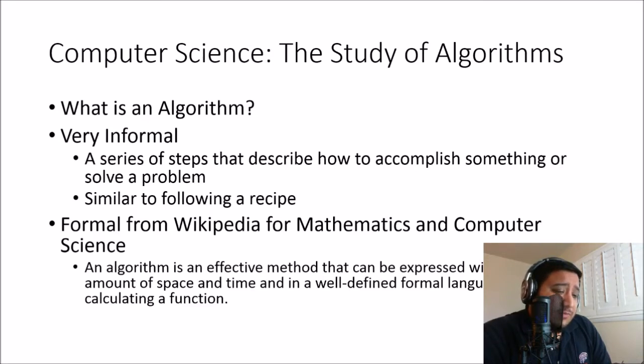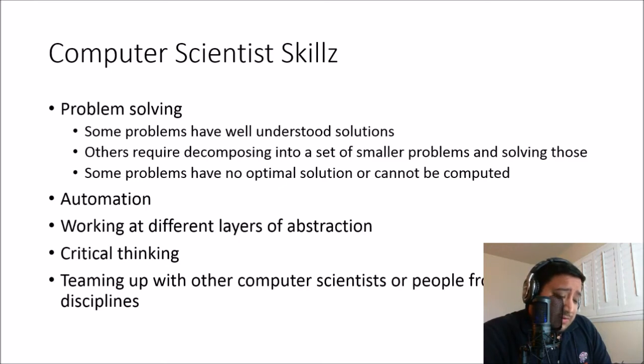So, one of the skills you're going to require as a computer scientist is to be able to solve problems. Now, you'll be given a bunch of sample problems in your studies, and some of them are actually well-known problems. For example, sorting. Sorting is a problem you're going to encounter several times, and there are well-known solutions for sorting.